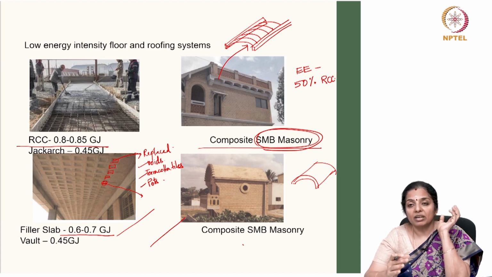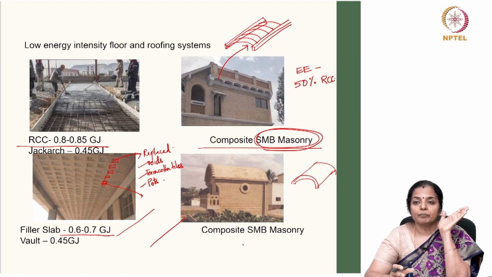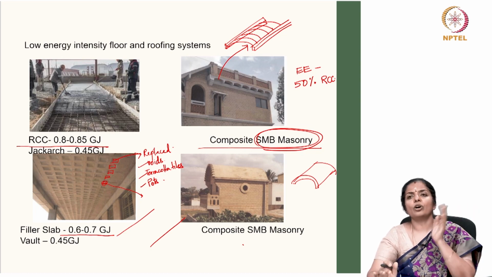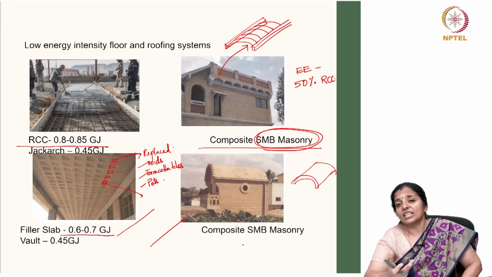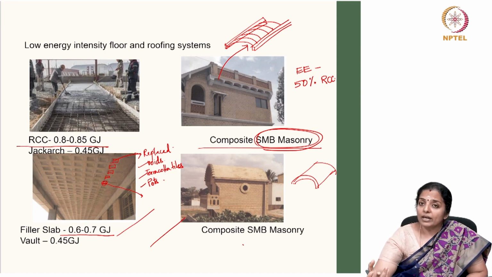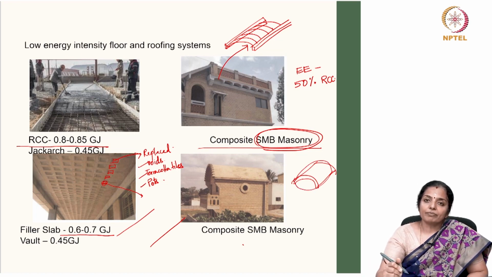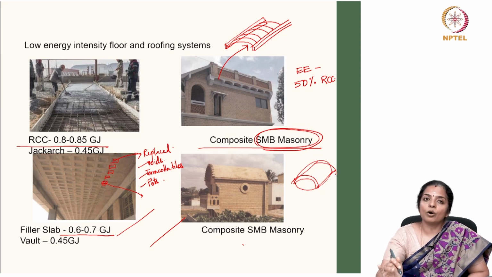If we revive these vaults and dome systems wherever appropriate or necessary, a lot of embodied energy can be saved, because you are going to avoid steel completely. Probably avoid concrete completely, depending on what material you use to construct your vault. So, using appropriate construction techniques in combination to lower embodied energy can dramatically reduce the embodied carbon as well as embodied energy in the system or in the buildings.